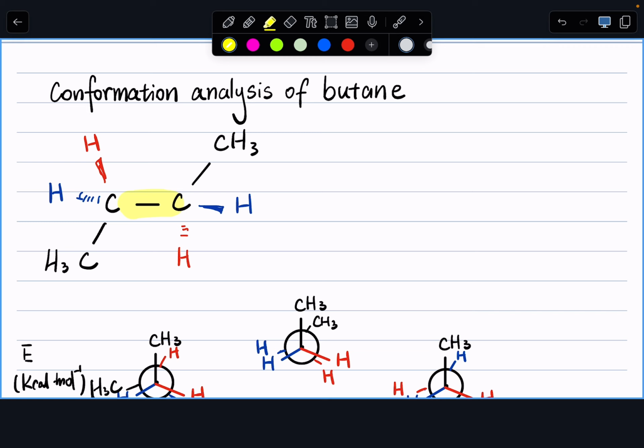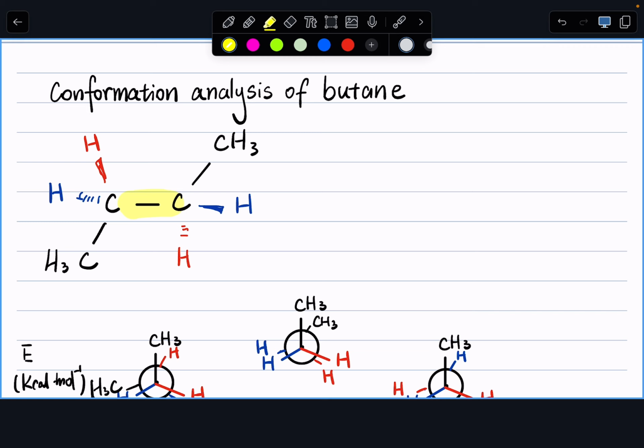So on the diagram, at my lowest energy point, we can have a Newman projection of my methyl group, that's the one pointing up, my hydrogen, and hydrogen. And on the bottom, we have my CH3, hydrogen, hydrogen.